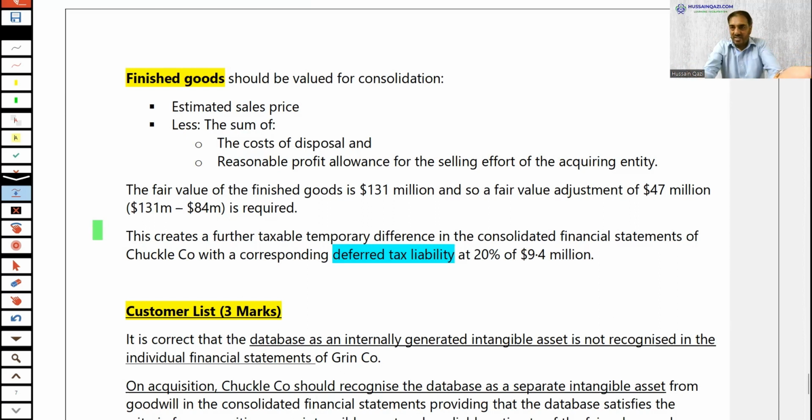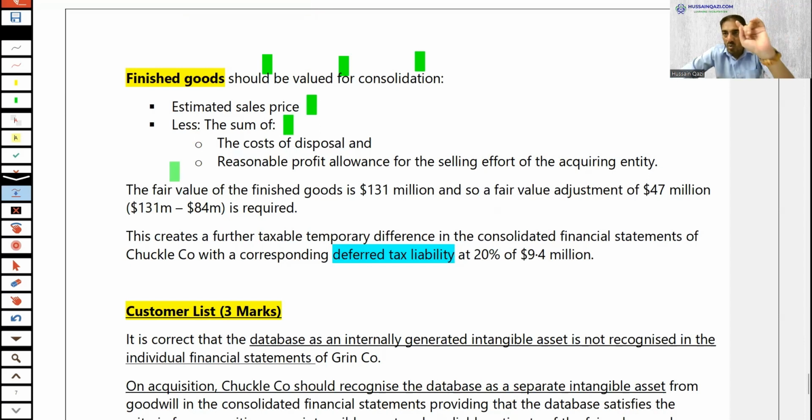Whatever I have discussed with you is for the knowledge, but the examiner expects that you mention it as knowledge here. Finished goods should be valued for consolidation at estimated sales price less cost of disposal.